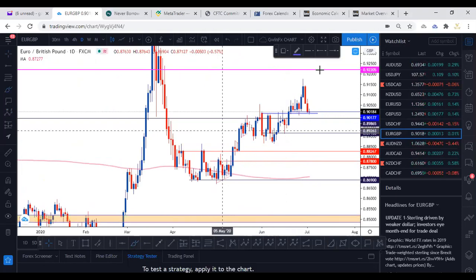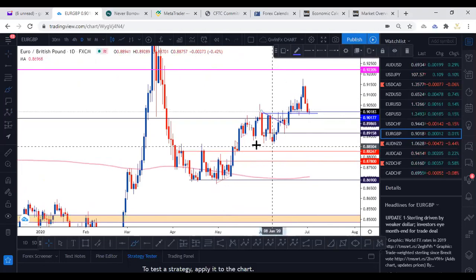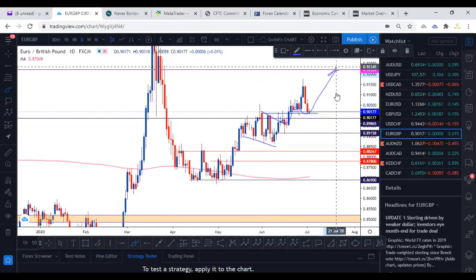We could look to target the zone. We had this flag break out and retest, so everything looks bullish. Stop loss below here, take profit here.